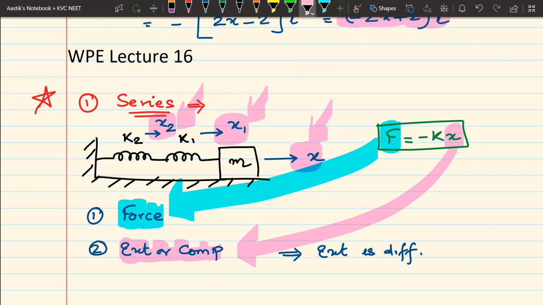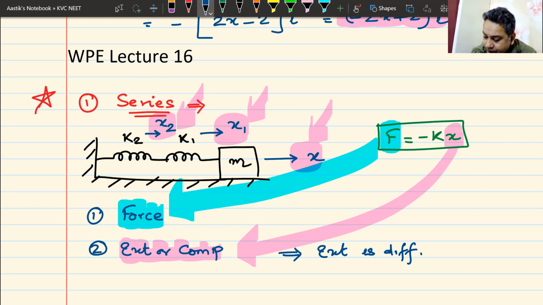Anyone has any idea in the class? What could be the relation?